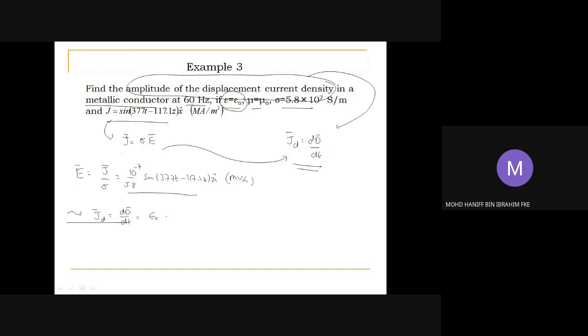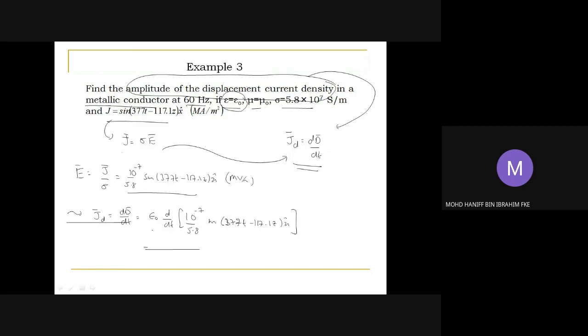So we have epsilon naught and d over dt of the E field, which will be d over dt of 10 to the negative 7 over 5.8 sine of 377t minus 117.1 Z, in the direction of x.